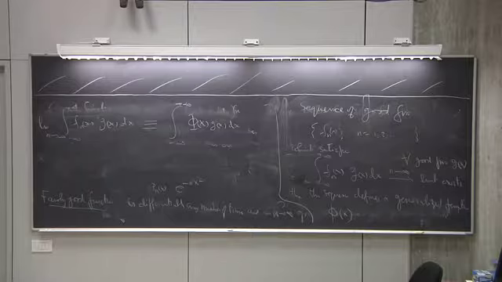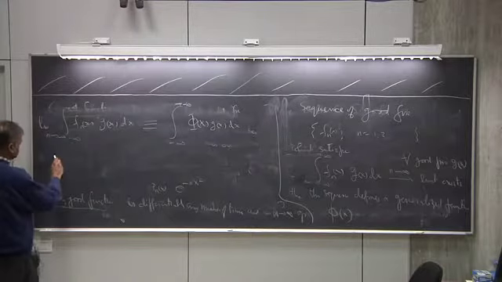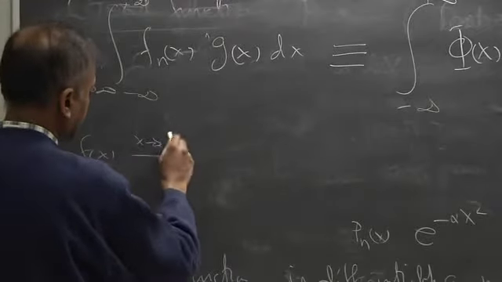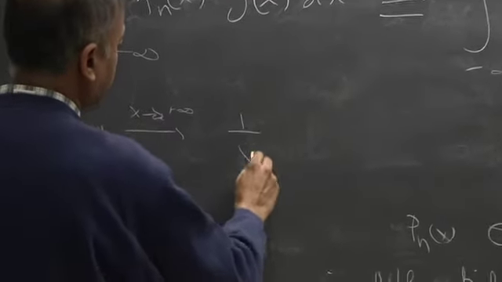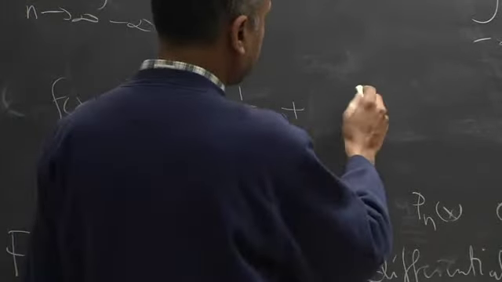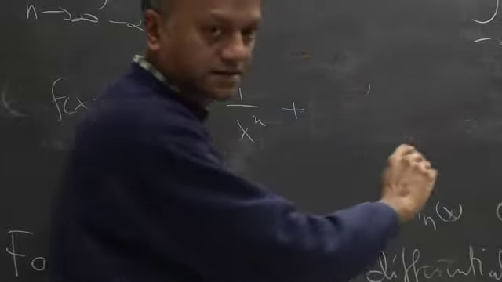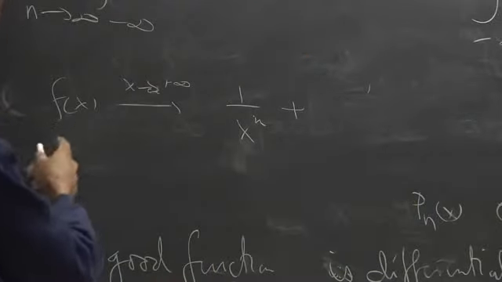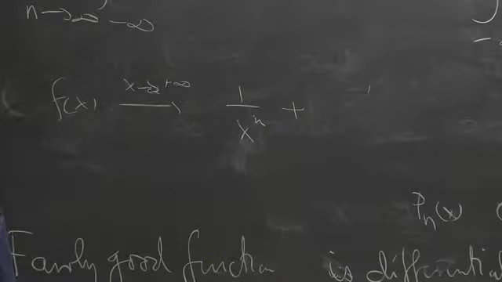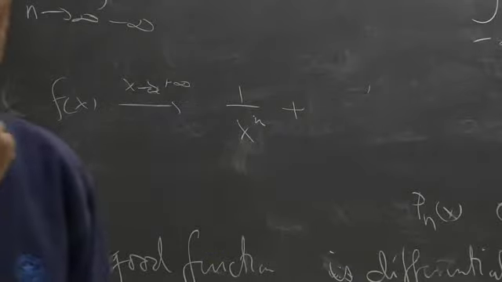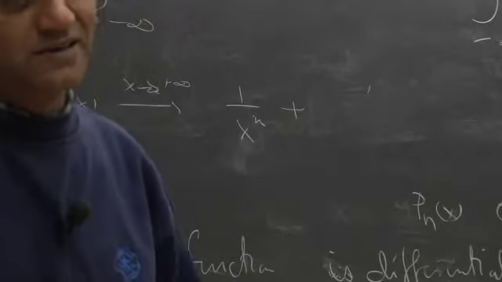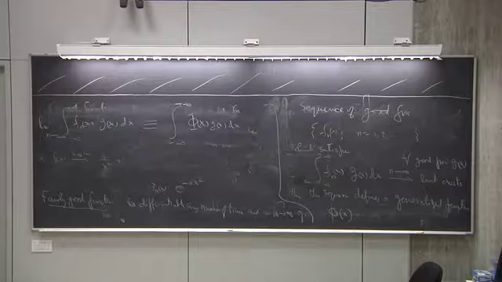No, I mean, if you say asymptotically, as x goes to positive infinity, some function f(x) goes like 1 over x to the n, then there will be subleading corrections in general. So I would say that df/dx will go like 1 over x to the n plus 1. So why do we need the condition? Yeah, that's why I didn't add it in the beginning. I mean, it's almost obvious that it will be true.